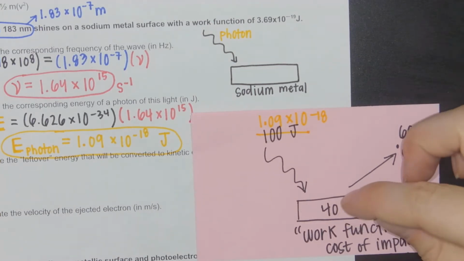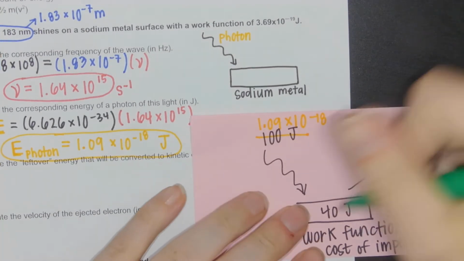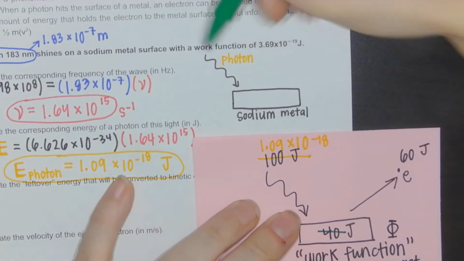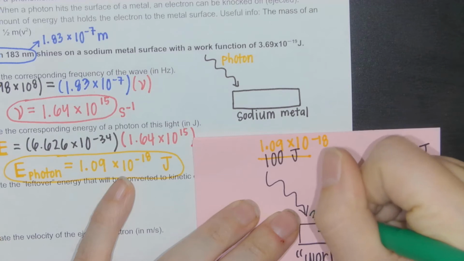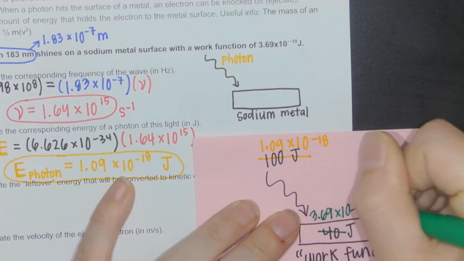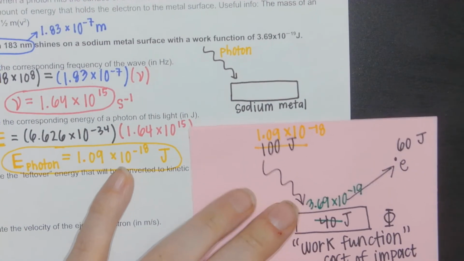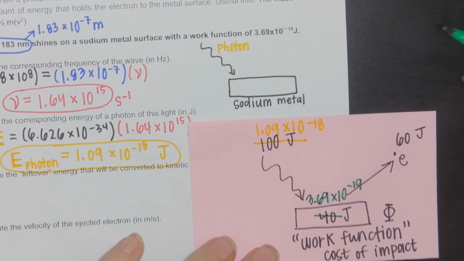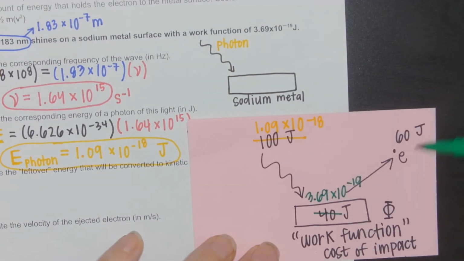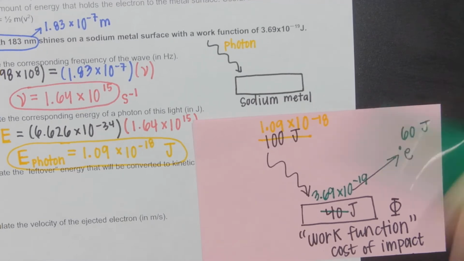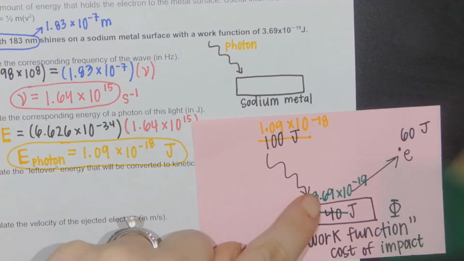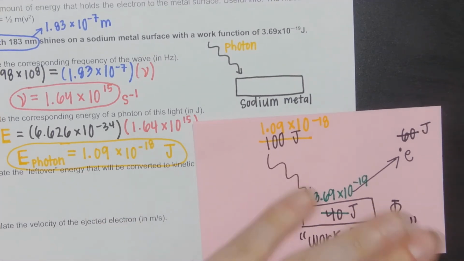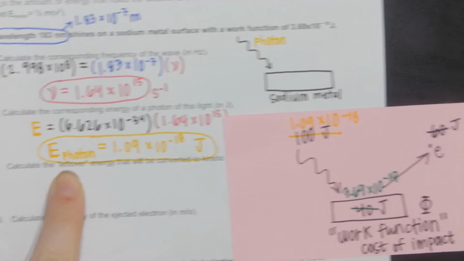And the amount that the metal costs is right here. The work function of the metal is 3.69 times 10 to the negative 19. So just like before, 100 minus 40 is 60. We're just using this energy. This is the impact, and we'll be calculating the leftover energy.